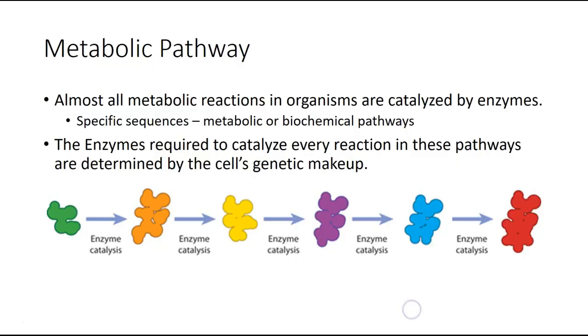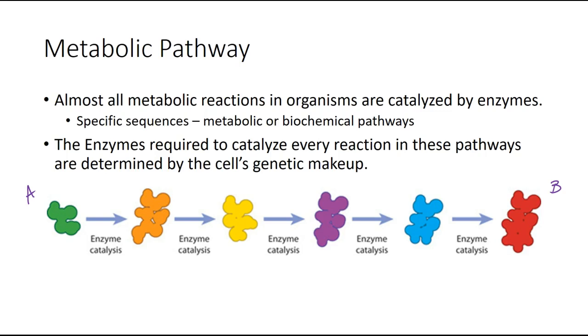Hopefully this makes sense. If we look at how metabolism works as a whole, we have to talk about metabolic pathways. Metabolic pathways are the pathways created by enzyme-catalyzed reactions to get from point A to point B. Often, the processes that make up our metabolism are not a single step reaction.